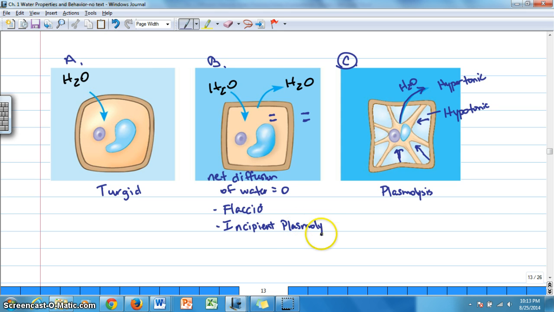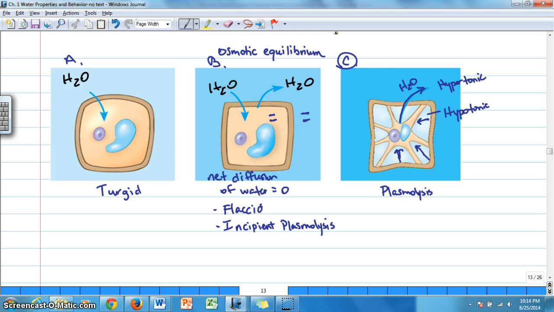It's different than the plasmolysis that we saw over here in C, where water was moving out of the cell at a greater rate than water moving into the cell. And so this is an example where osmotic equilibrium occurs. Again, the solute concentration is equal between inside and outside.